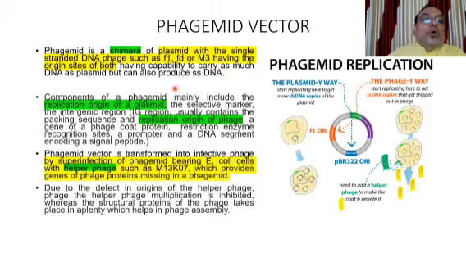So it is a chimera of a plasmid with a single-stranded DNA phage such as F1, fd, and M13. So it has got a single-stranded origin site as well as a double-stranded origin site. The double-stranded origin site is that of the plasmid, whereas the single-stranded origin site is that of the phage which has been incorporated into it.